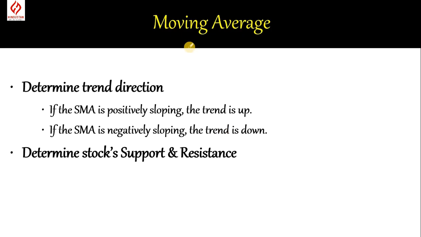And see, moving averages are usually calculated to identify the trend of the market, and they will also help you to determine the support and resistance levels of a stock, right? So first let us understand how we are able to identify the trend direction with the help of moving average.